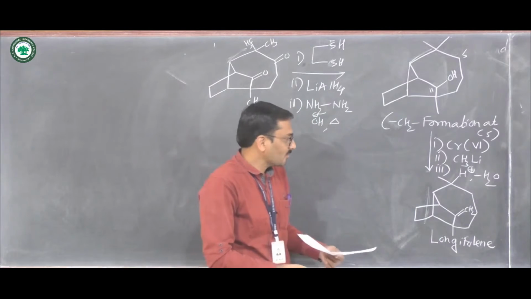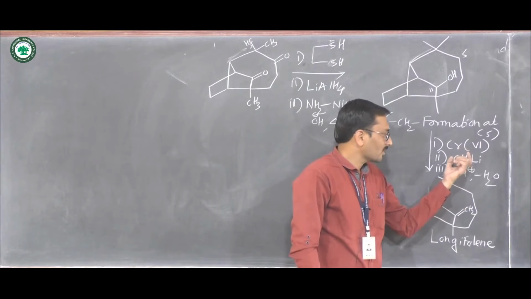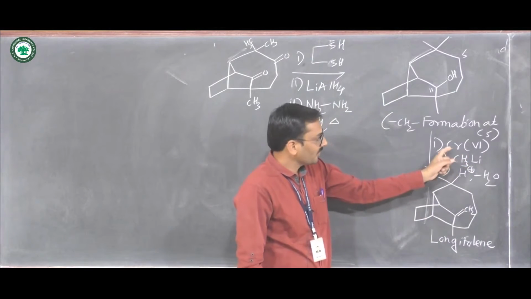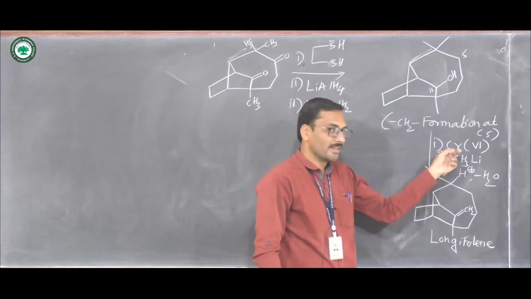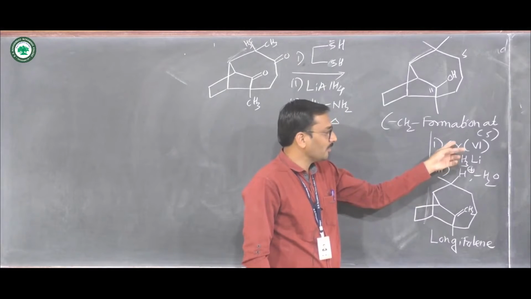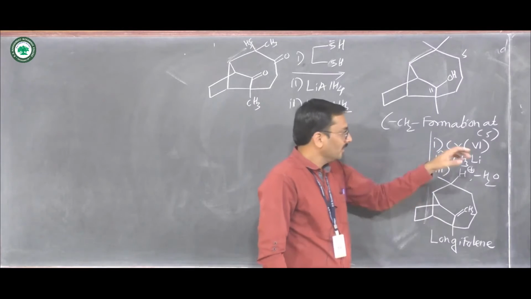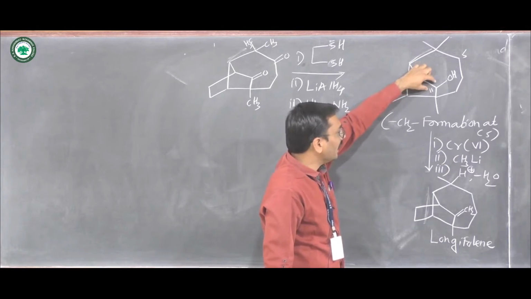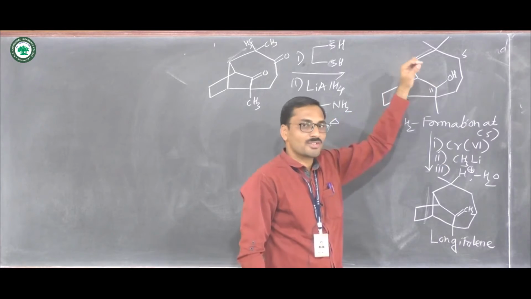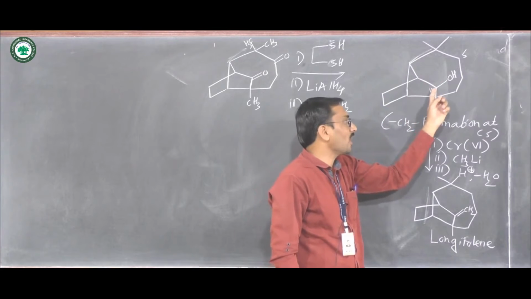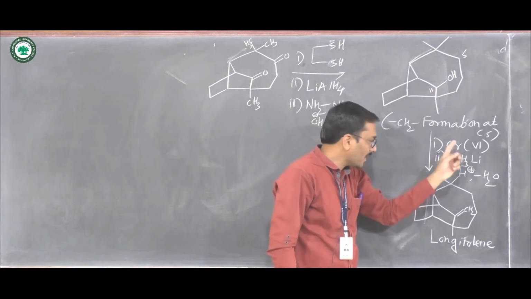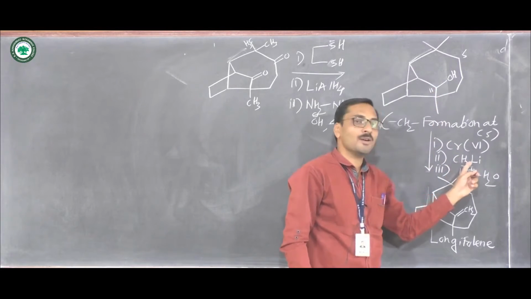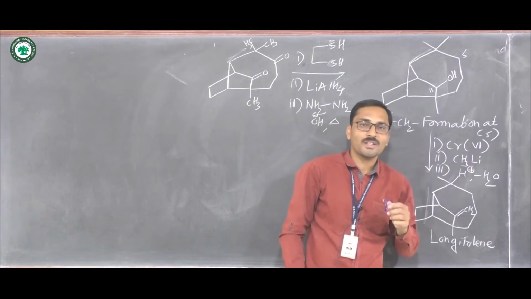In the last few synthetic steps, here we use a chromium reagent, that may be CrO3. In the first step, the OH group at C11 position undergoes oxidation, and there is formation of a carbonyl group. In the next step we use methyl lithium reagent. This is a nucleophilic reagent.